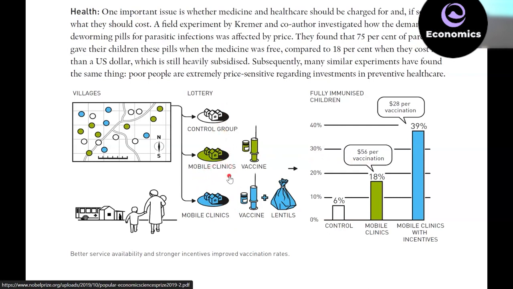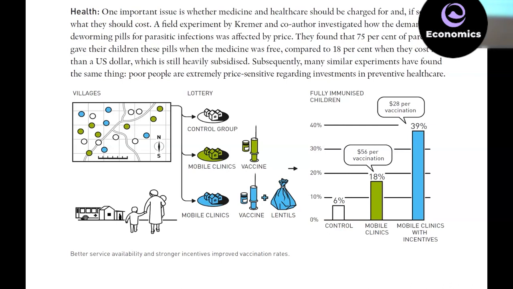In this green group, the mobile clinic, they just randomize people by providing them with a mobile clinic. So in theory, one potential barrier for parents to get vaccines for their children is difficulty in accessibility.